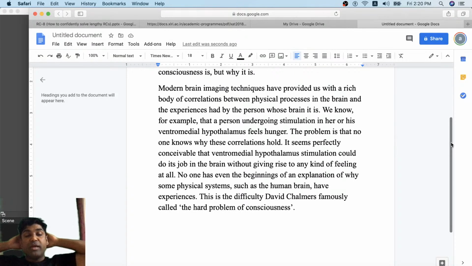The retromedial hypothalamus is a part of the brain which gives us the sensation of hunger, fear, and so on. So we know that a person undergoing stimulation in his or her retromedial hypothalamus feels hunger.